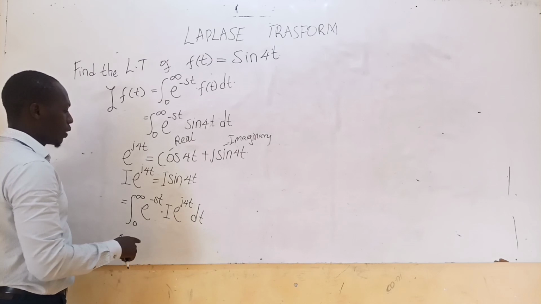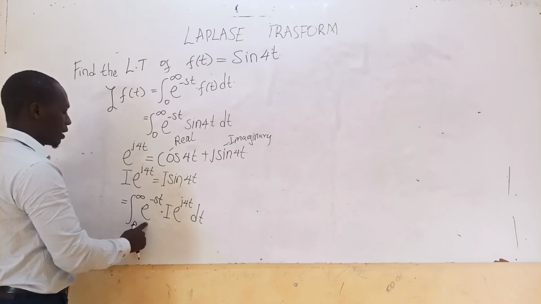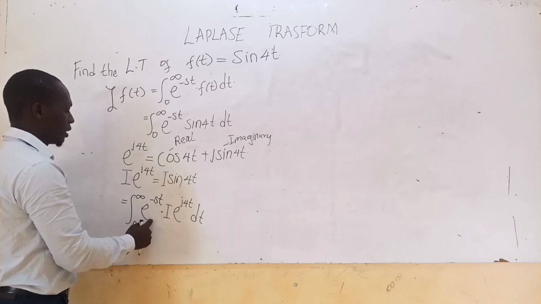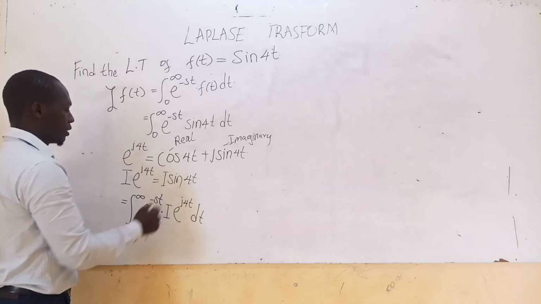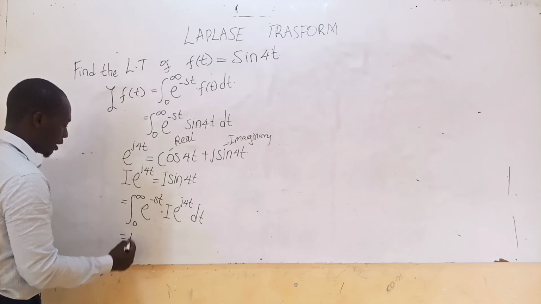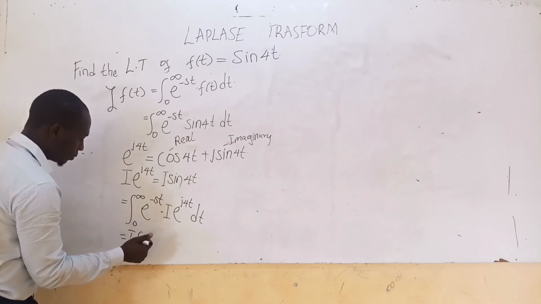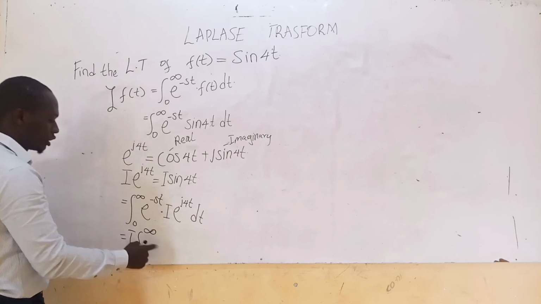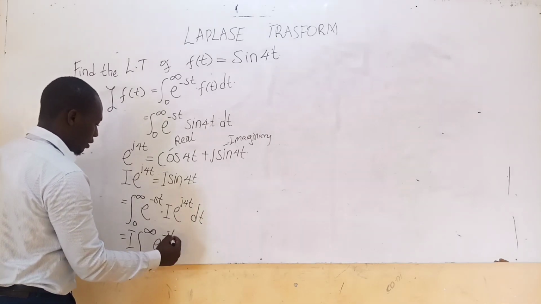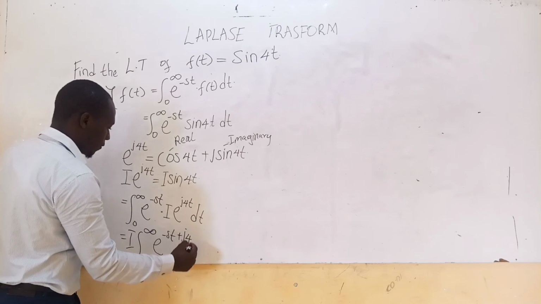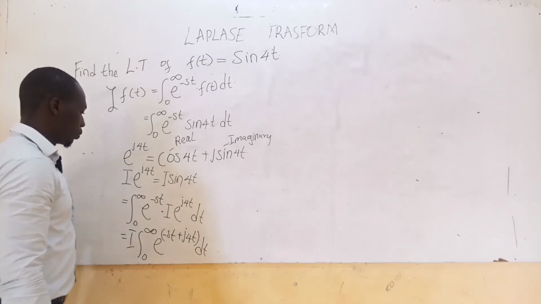By the laws of indices, when the bases are the same and it is a multiplication, we take one of the bases and add the powers. By doing that, we have I as our constant, the integral of exponential negative st plus j a t, with respect to dt.